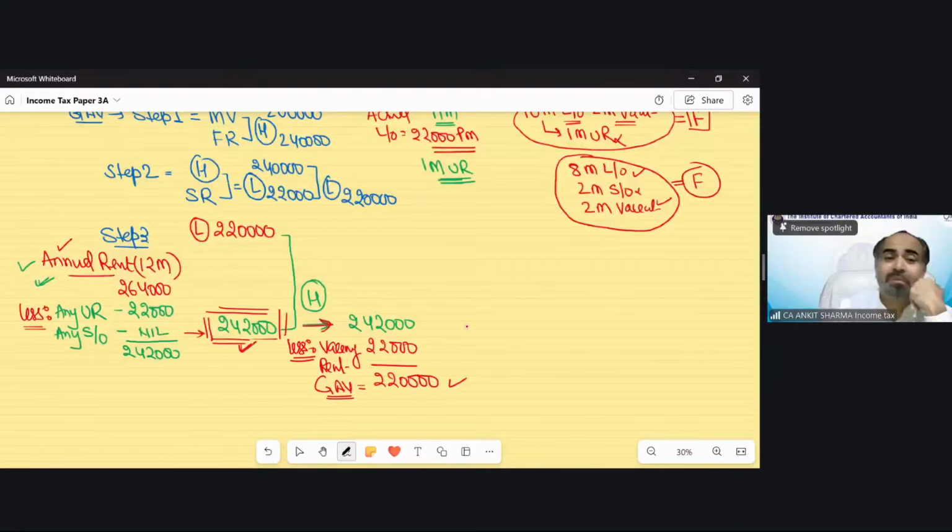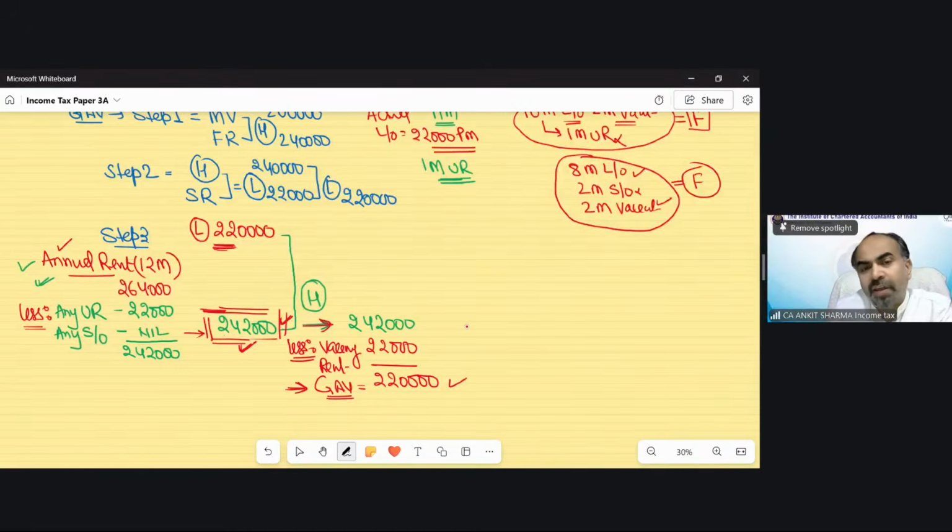But it's not yet completed. Out of these two values, one is the government fixed value, which is expected rent, and the other is the value you have found from annual rental value. If the higher is this value, then you can reduce vacancy and you will get the GAV.